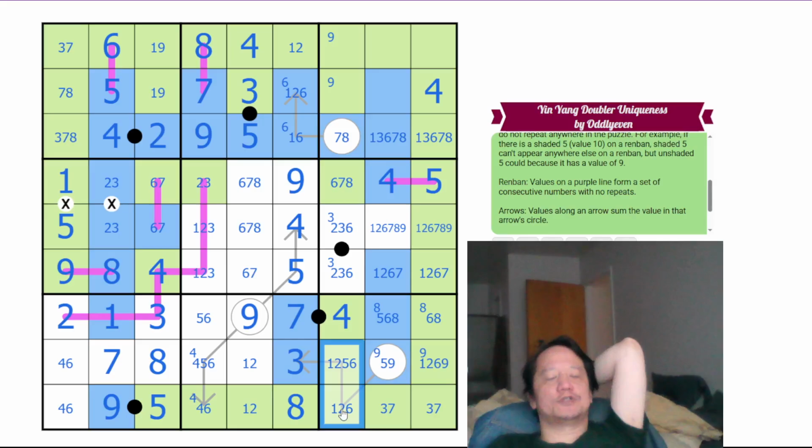If this is 1, 2, I guess 6 could still be there. Well, if this is 1, 2, this has to be 5, which would make that 9. How can this be 6 is the question. You could have 2, 5 here, but I don't think this can ever be 6 here, right?